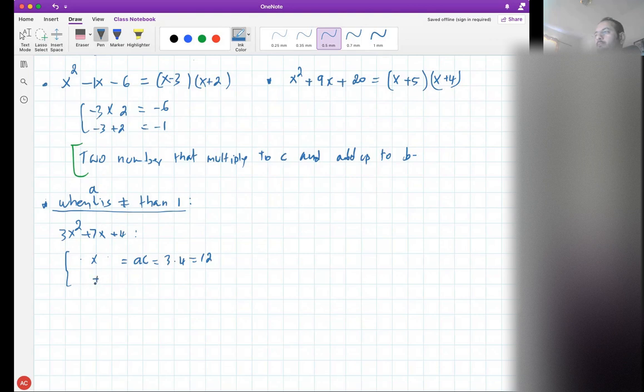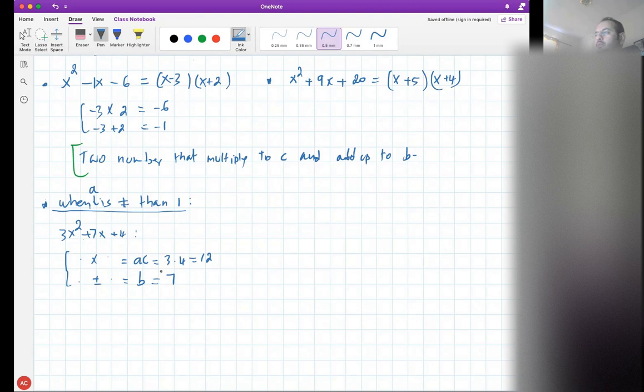We need to find two numbers that multiply to AC and add up to B, same thing as before, which in this case is 7. Let me repeat that. If you have a number different than 1, the numbers we look for should multiply to whatever AC is. AC means A times C, in this case 3 times 4 is 12.